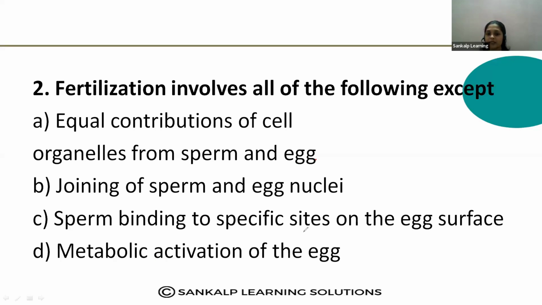Third, sperm binding to specific sites on the egg surface. Fourth, metabolic activation of the egg. Read the question properly. Fertilization involves all of the following except, meaning which of the following is not involved in the fertilization? What is the correct answer?